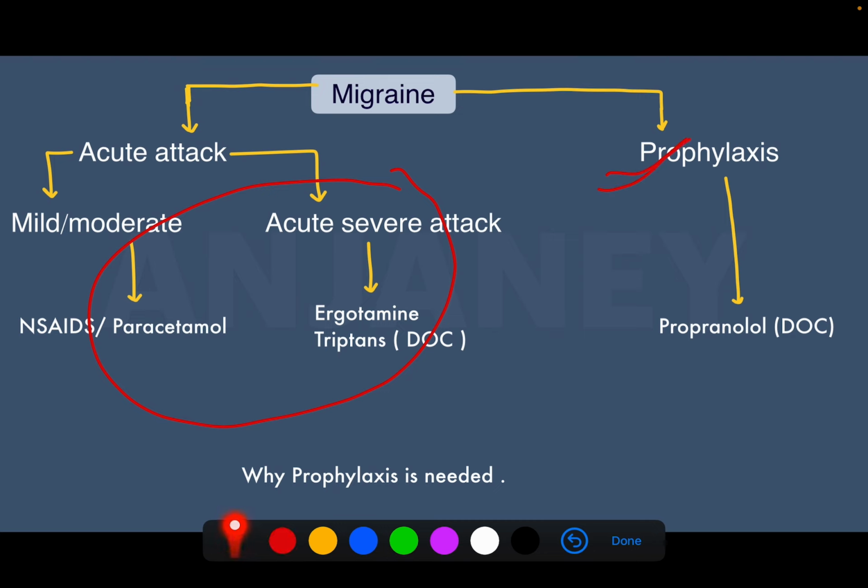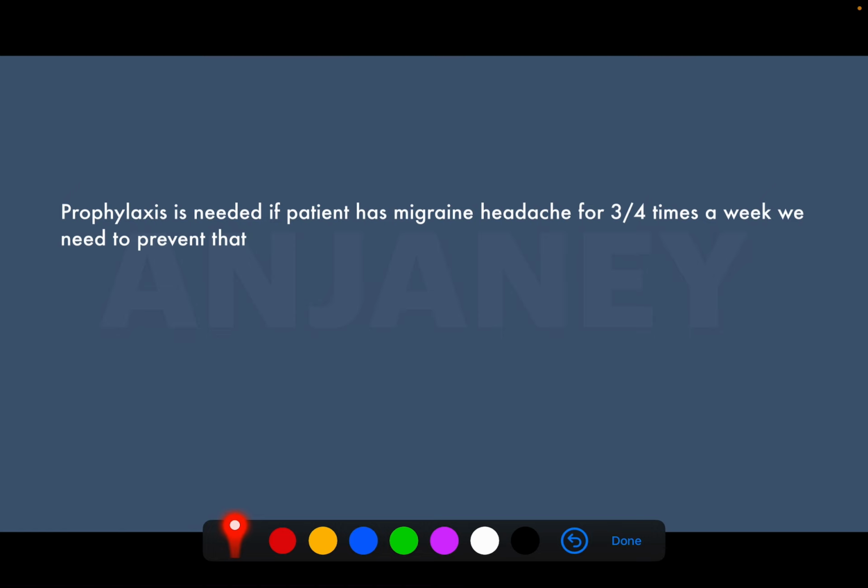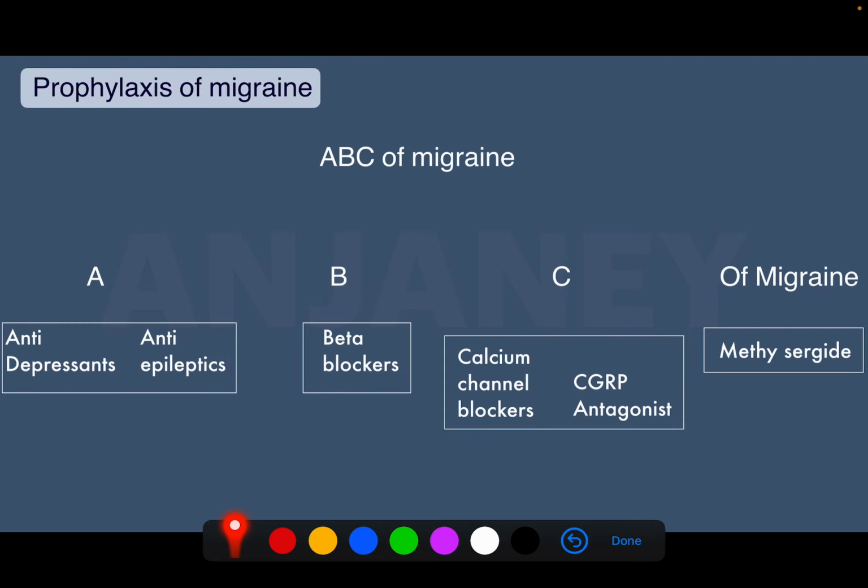Why? Because in a lot of patients, they have migraine 2 to 3 times a week. So let's say if you are having migraine for 3 days out of 7 days, then your working days are affected, right? So we need to give prophylaxis to prevent this migraine attack. For prophylaxis we have A, B, C of migraine.